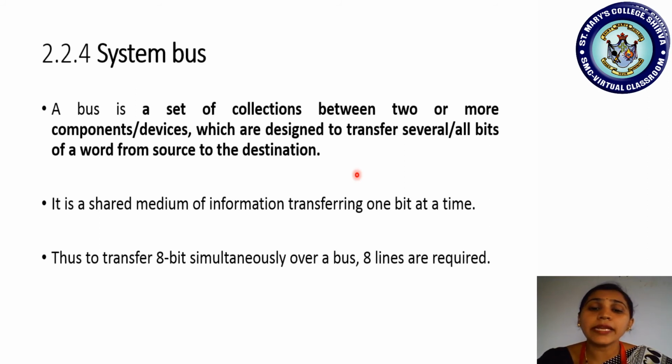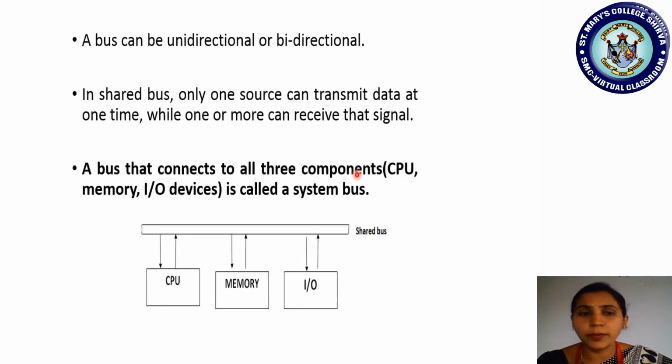To transfer 8 bits at a time, there are 8 transmission lines. Similarly, there is the option of transferring 16 bits at a time, where you find 16 lines over a bus. It can be unidirectional or bidirectional.